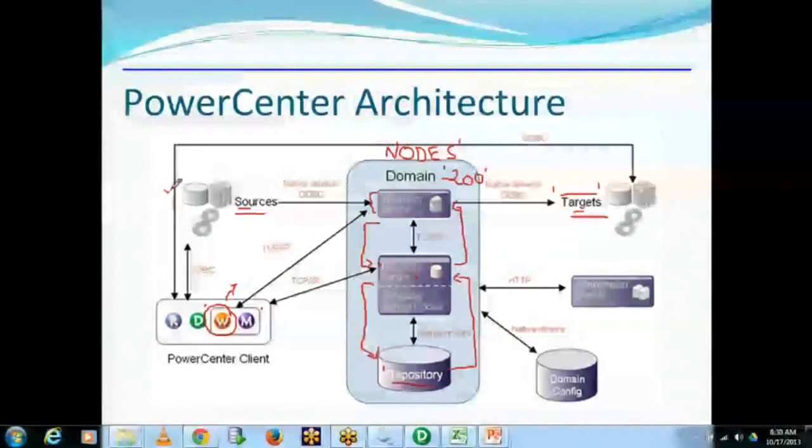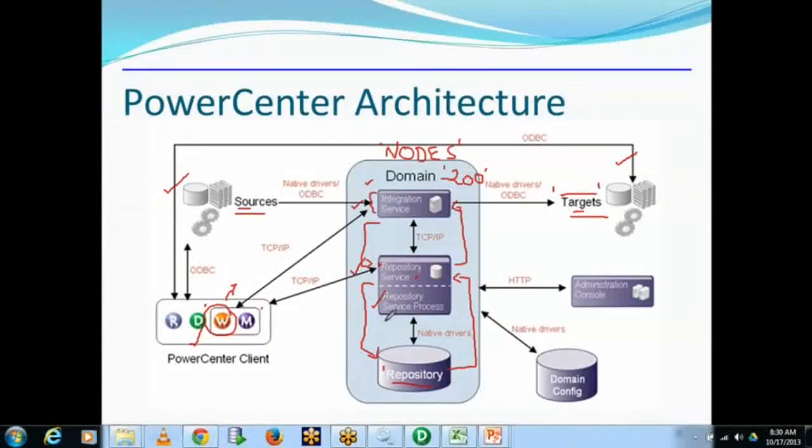We spoke about the sources, targets, the client tools which are used, the domain, integration service, and repository service. Now the repository service process is the one which relates the repository service to the repository and then back to it. We spoke about the internal database of Informatica, and how the flow happens in a cyclic manner from the client tools, from the command to the services, and how the cycle works.